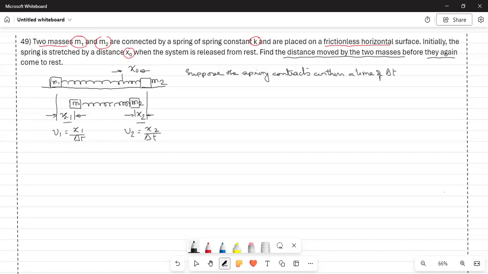Now what is the momentum of M1? M1 multiplied by V1. Momentum of M2 is M2 multiplied by V2. So from the theory of conservation of momentum, we can write M1 x1 by delta t equal to M2 x2 by delta t.